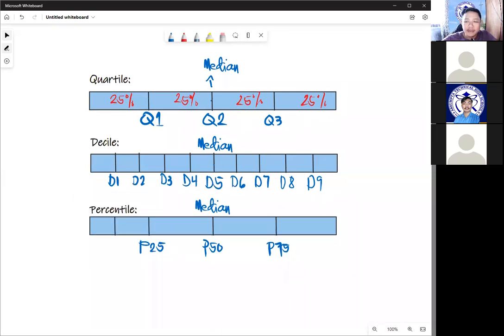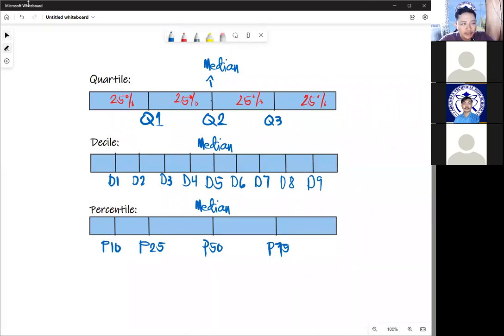If I will connect decile and percentile, the first decile is equivalent to what percentile? Type it in the chat box, please. I would like to see if you can analyze this given. Very good. That's equivalent to 10% of the data or the 10th percentile.